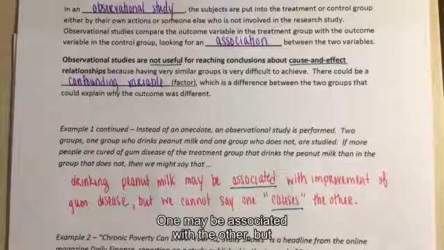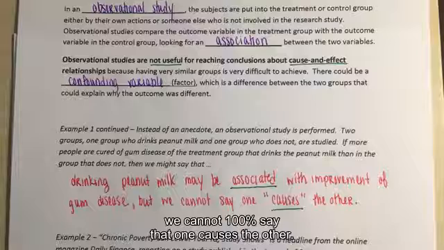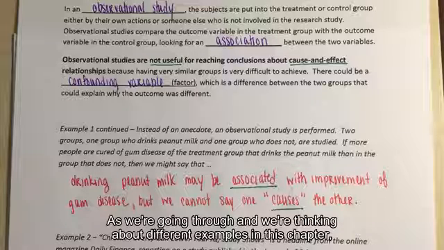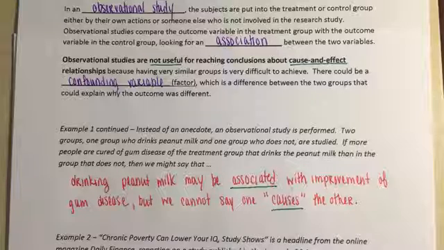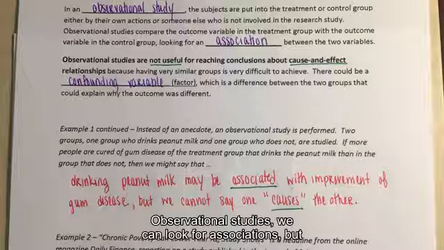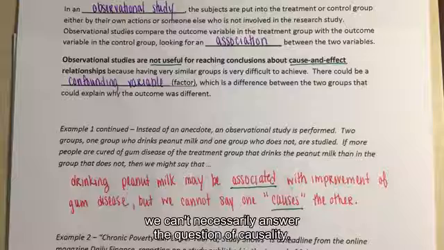So one may be associated with the other, but we cannot 100% say that one causes the other. As we're going through different examples in this section, using the correct terms is going to be very important. So observational studies, we can look for association, but we can't necessarily answer the question of causality.